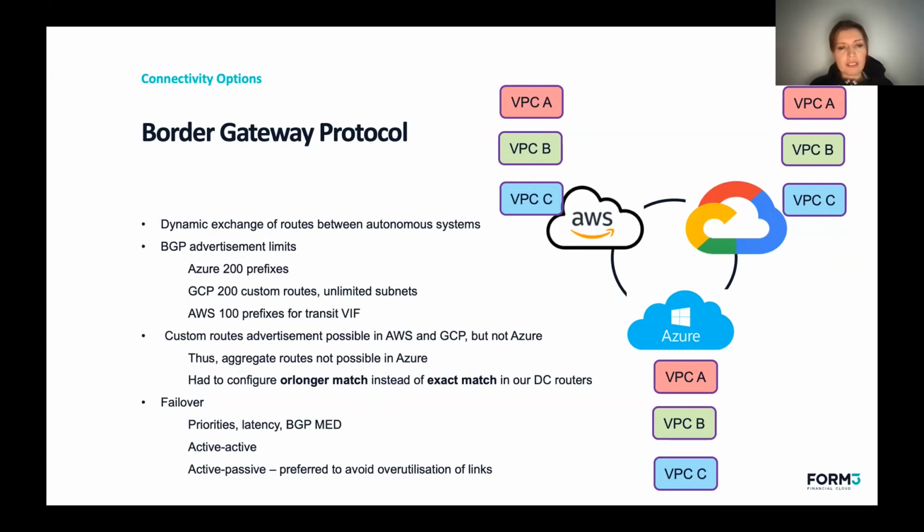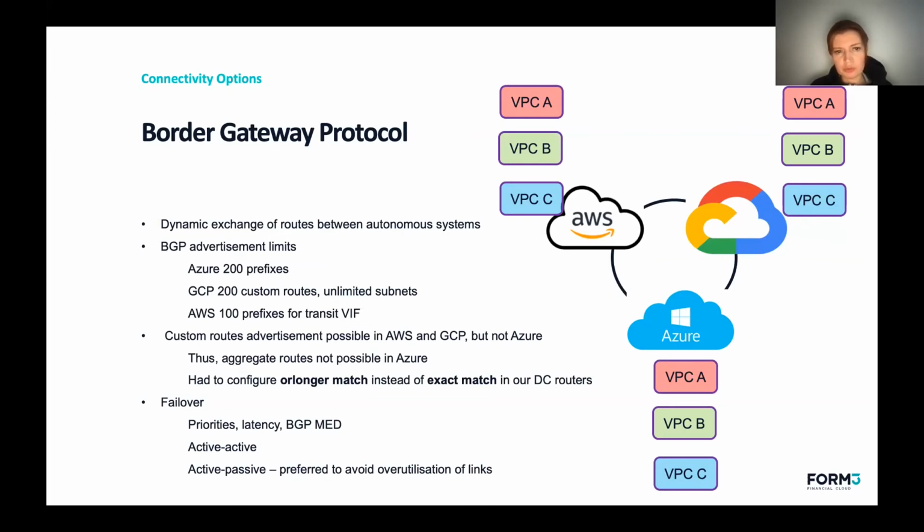In case of failover, we designed this with active-passive mode to avoid overutilization of links, and this is implemented based on priorities, latencies, and BGP multi-exit discriminator. So basically the configuration depends on what is supported in each cloud.